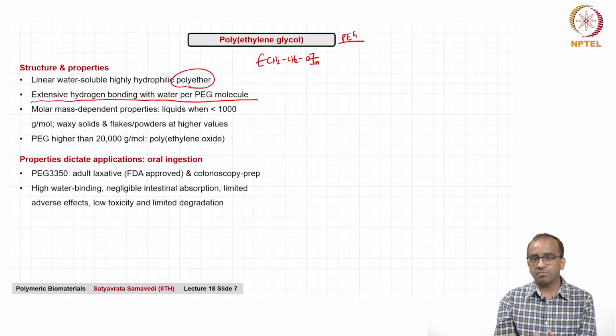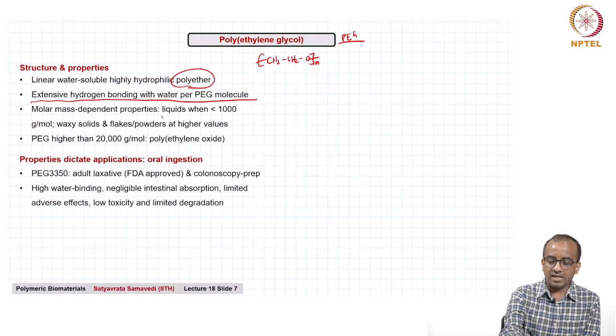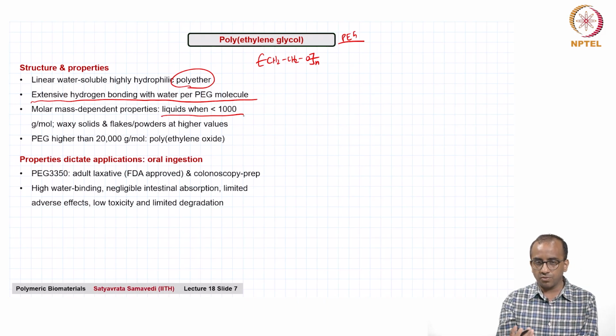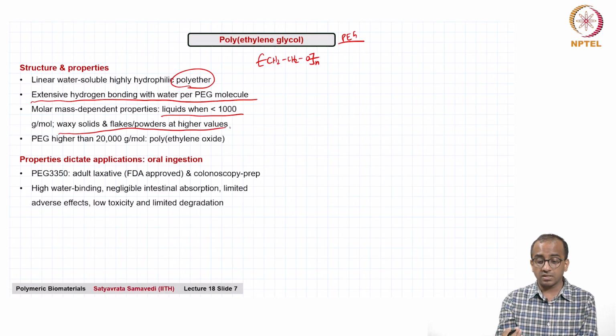PEG is also interesting because it has molar mass dependent properties, which means you can have PEG go from very low molecular weights where they exist as liquids below about 1000 gram per mole, where it would barely classify even as a polymer, to waxy solids and flakes and powders at higher molecular weights.